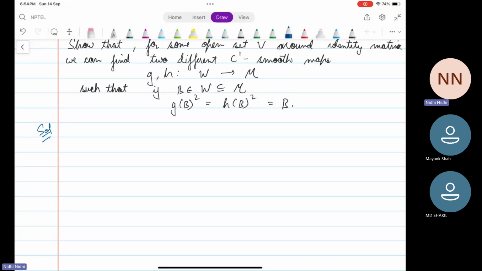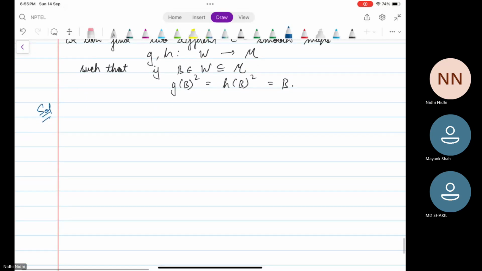Okay, let's start with the derivative. We'll see whether its derivative is invertible or not. Then only we can apply the inverse function theorem.